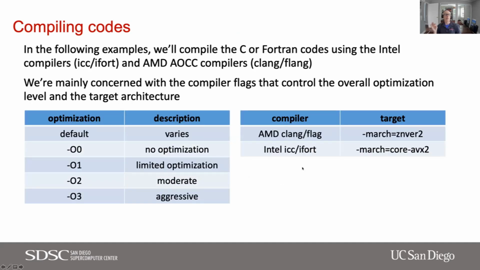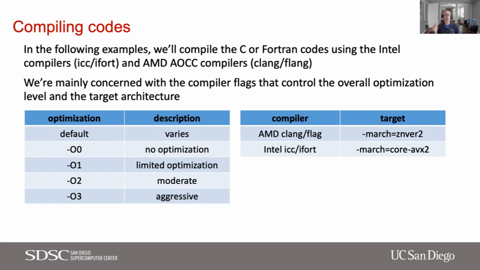All right, so in the next example, we're going to be compiling C or Fortran codes using the Intel compilers and the AMD compilers. The Intel compilers are going to be icc and ifort. The AMD AOCC compilers are going to be clang and flang. We're mainly concerned with the compiler flags that control the overall optimization level and the target architecture.